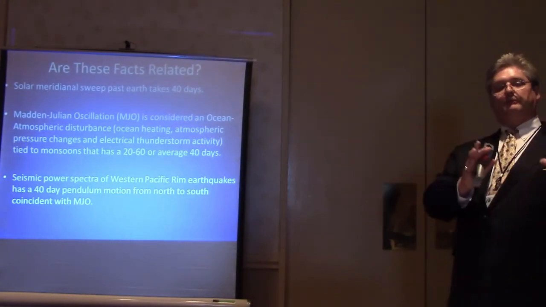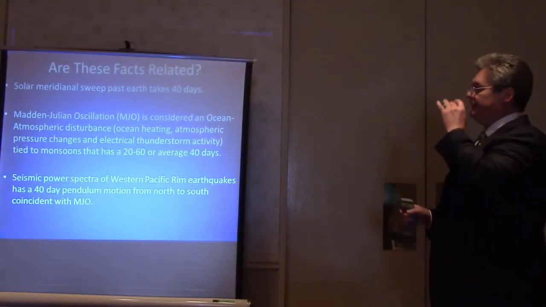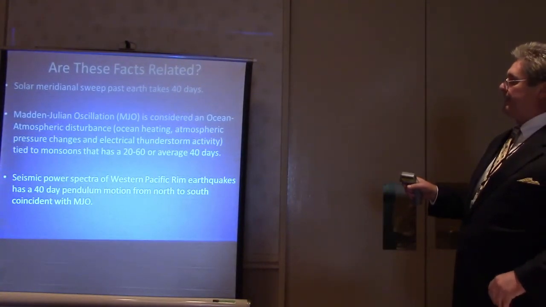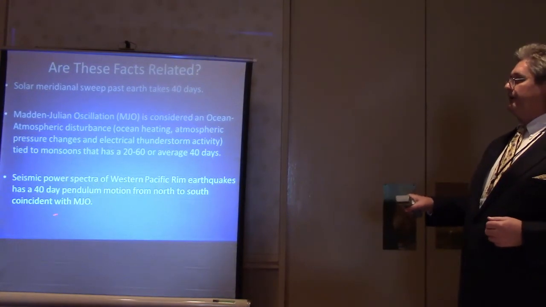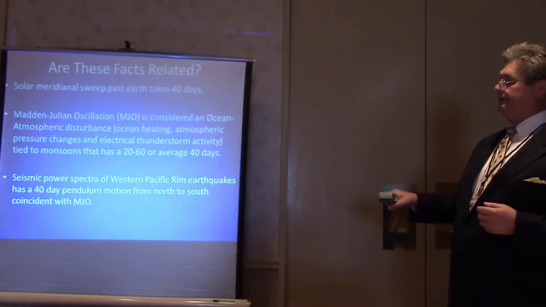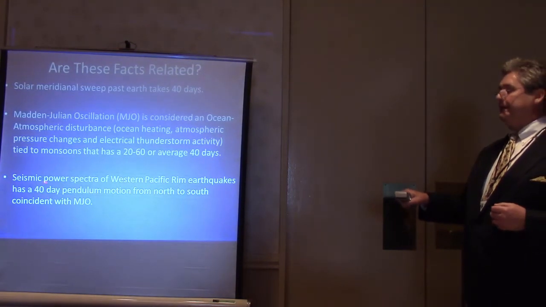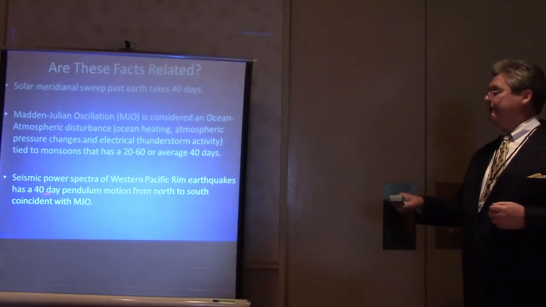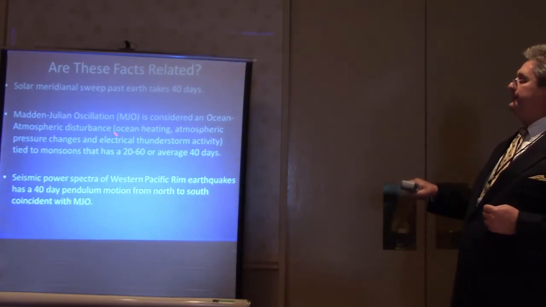But it's the same temperature, precipitation anomaly that slips across the Indian Ocean and tied to the Indian monsoons, by the way. There's also another interesting thing going on. This is why I believe there's a polarity change associated with it. There's a 40-day power spectra in the earthquakes that correlates to this same period.